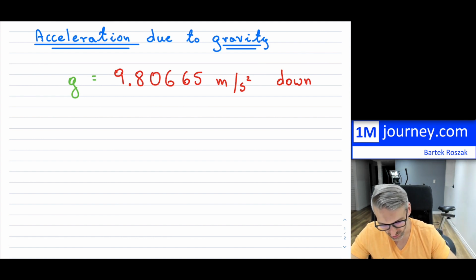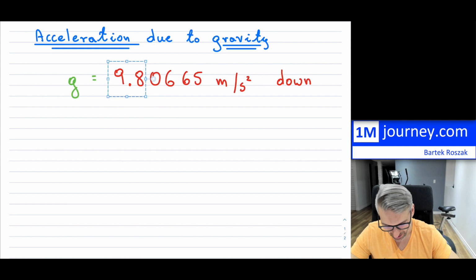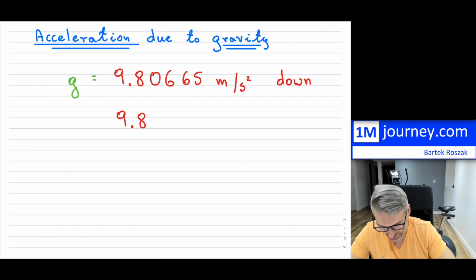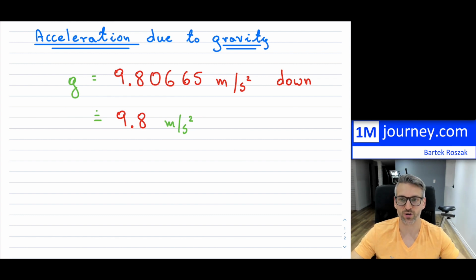Now, we don't really want to be writing out the full acceleration, so we typically approximate it, and you'll see this in numerous textbooks, that they'll just simply use 9.8 meters per second squared instead of the long value with 5 decimal places.